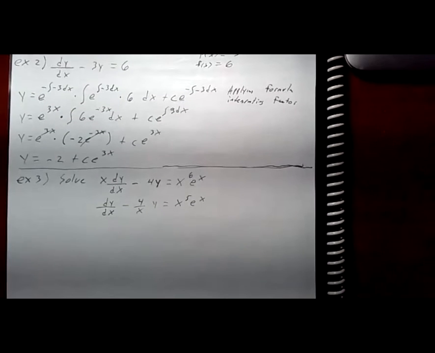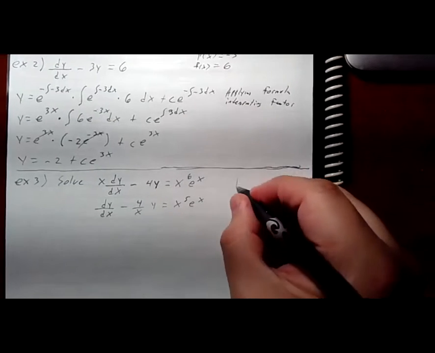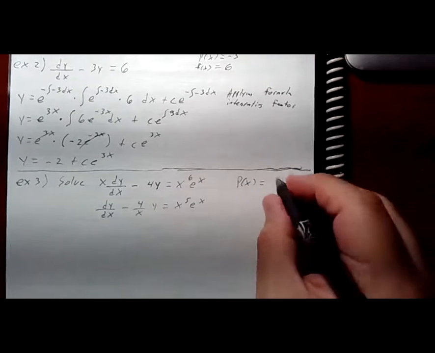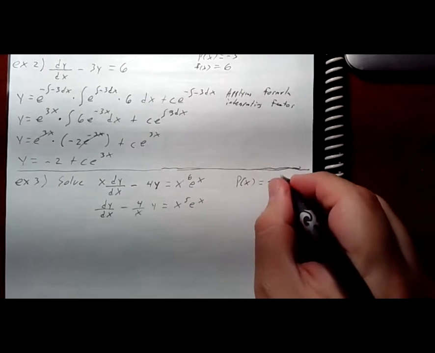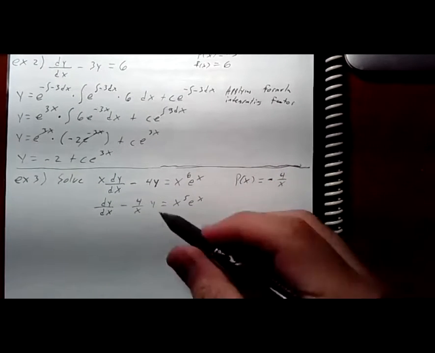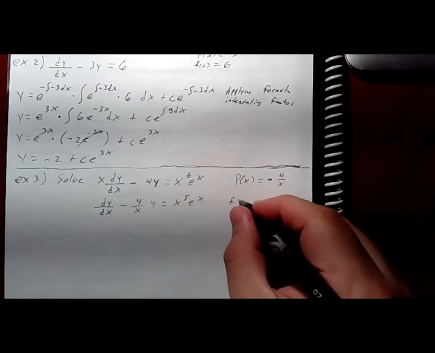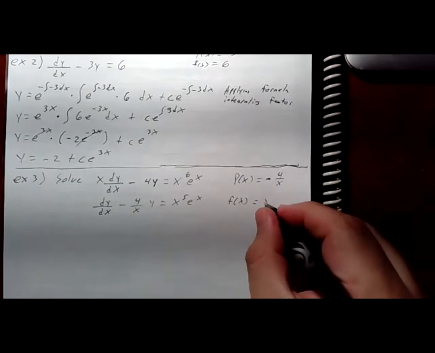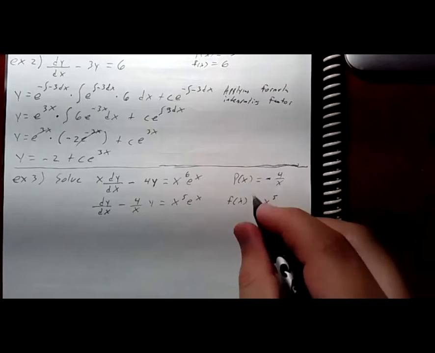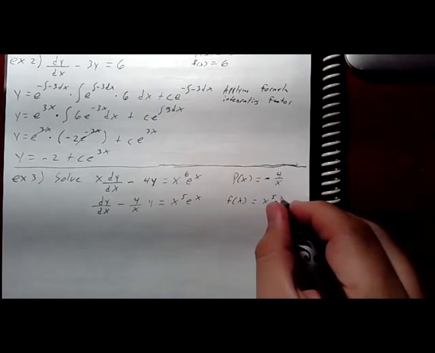Okay. Is that okay with you guys? I skipped some algebra there. But just let me know if you miss something. So P is what's on the y, right? F is what's on the right side.